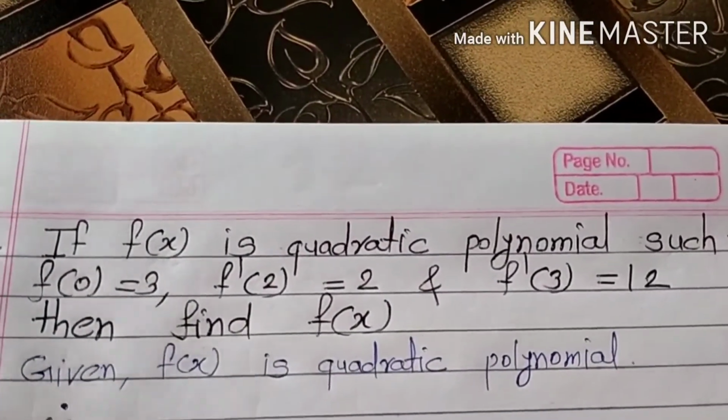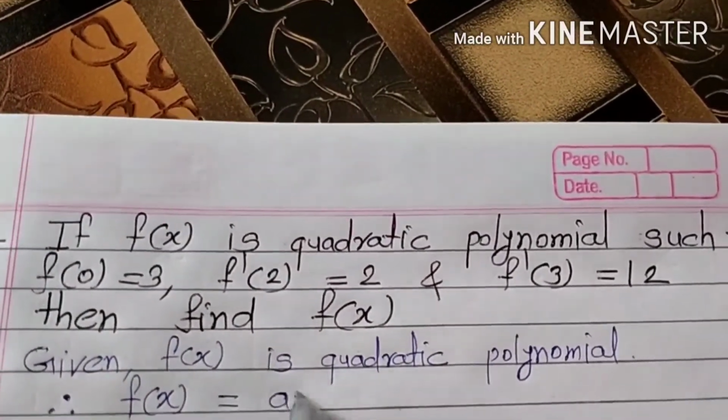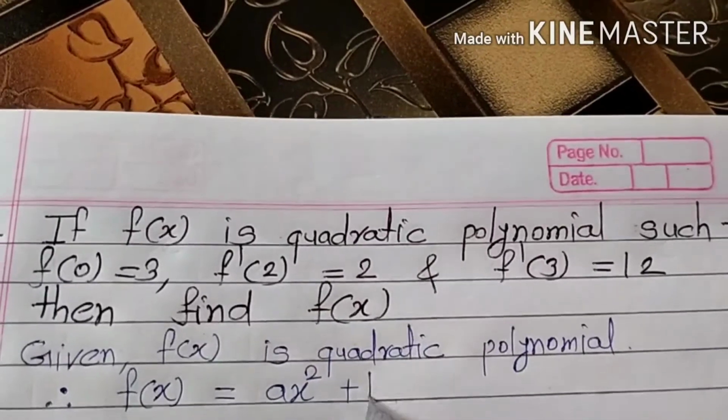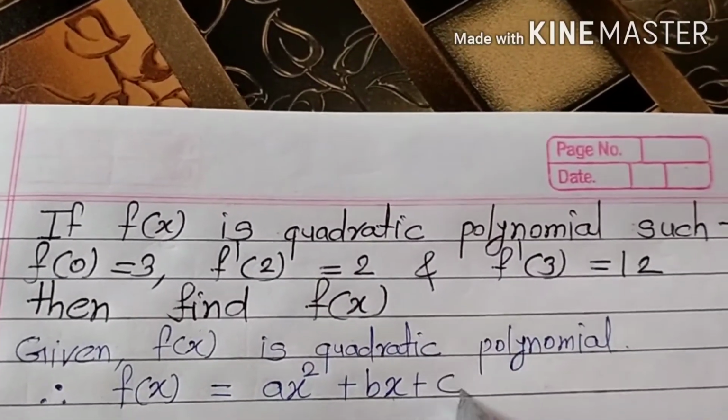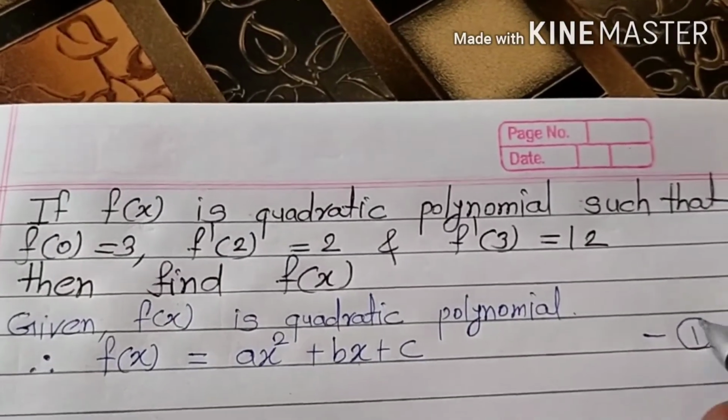Therefore we know that the quadratic polynomial is expressed like this: ax square plus bx plus c, where a, b, c are constants, and call it equation first.